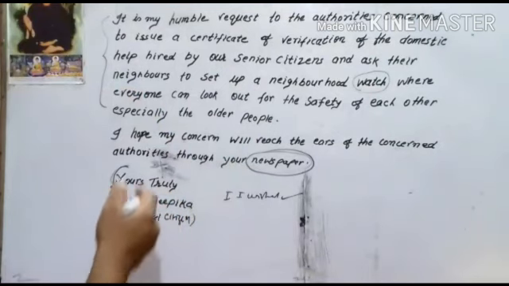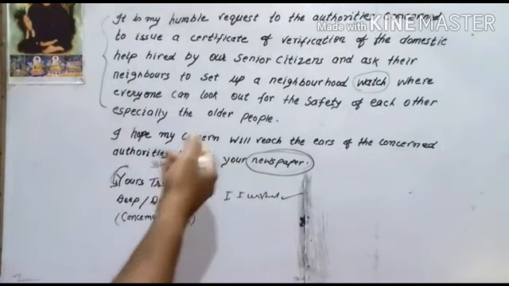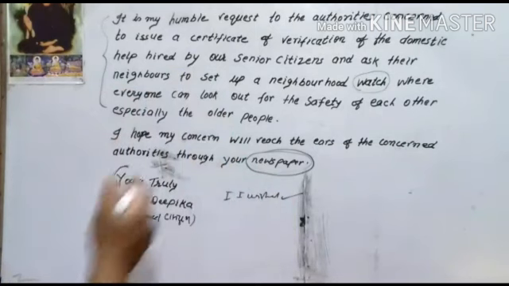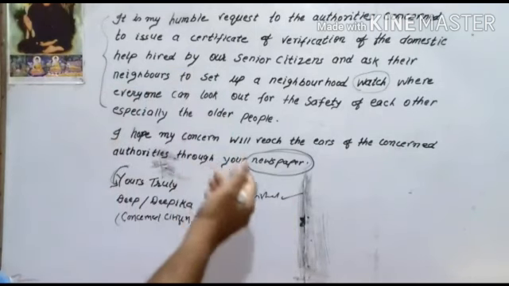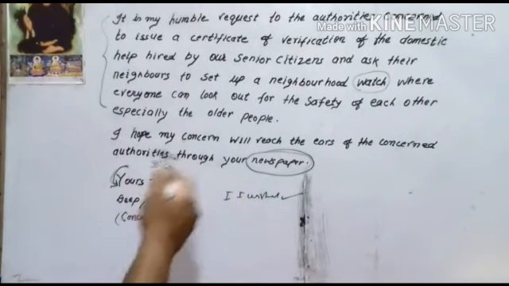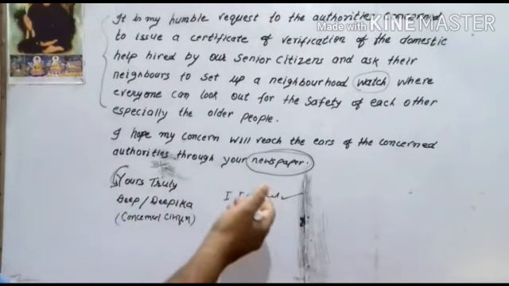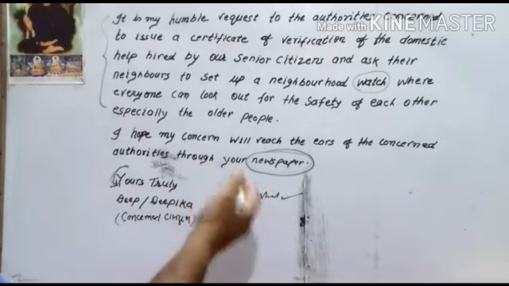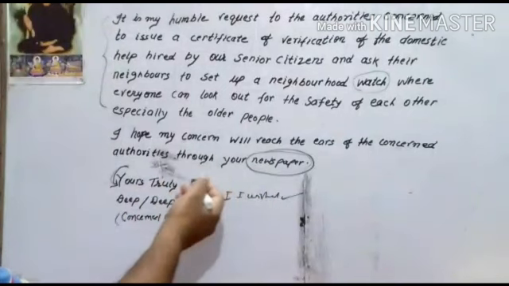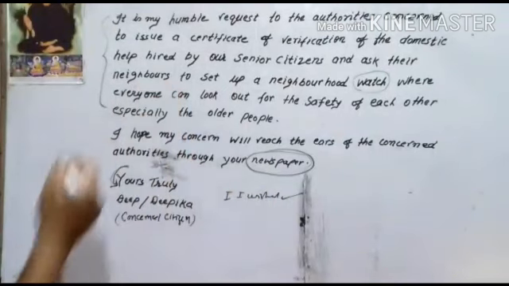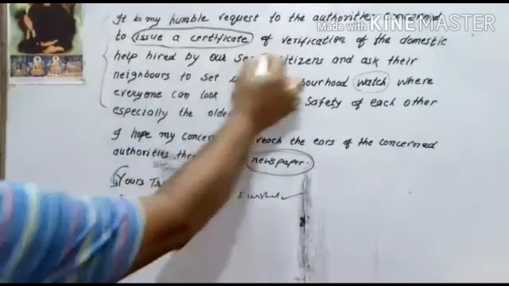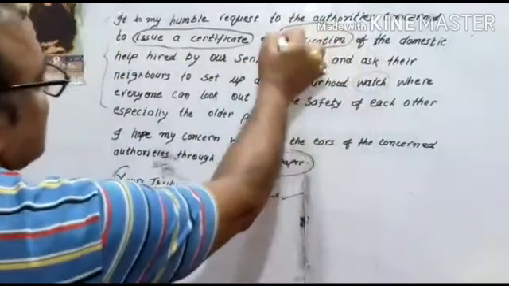And then further you can go ahead with the discussion of the matter in detail: how they are suffering, and who are the people involved in creating trouble for those old people. And then in the last part you can come up with some suggestion, or you can say expectation from the editor that you need to reach your voice to the concerned authority.